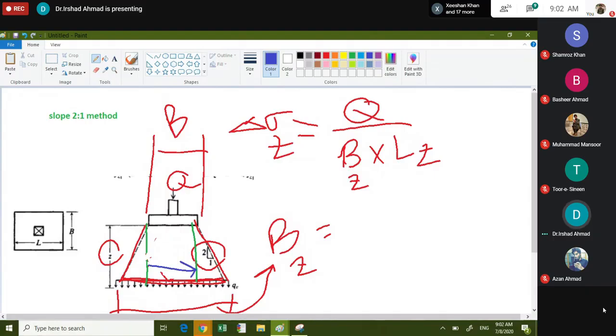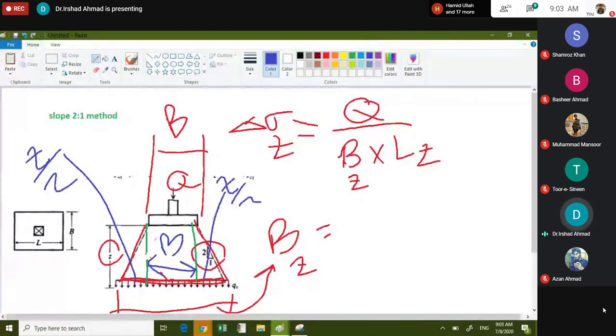This distance is B, and if this is the slope 2 to 1 method, it means if it goes vertically by a distance Z, it will go horizontally by a distance Z by 2. So that distance is Z by 2, and this distance is also Z by 2. So this is B plus Z. And LZ would be equal to L plus Z, as L is perpendicular to the screen.